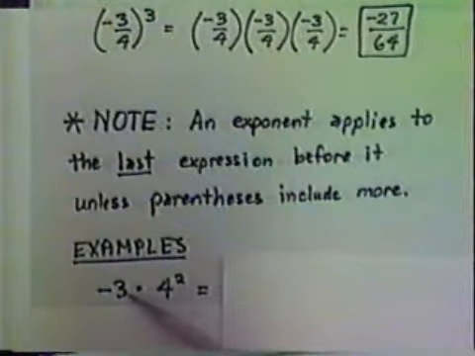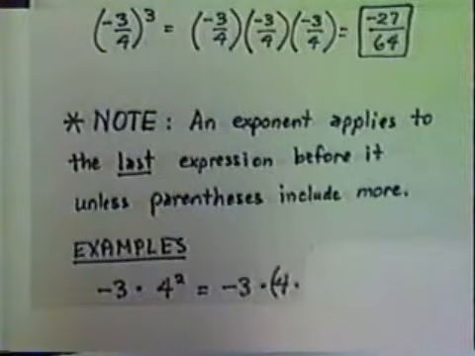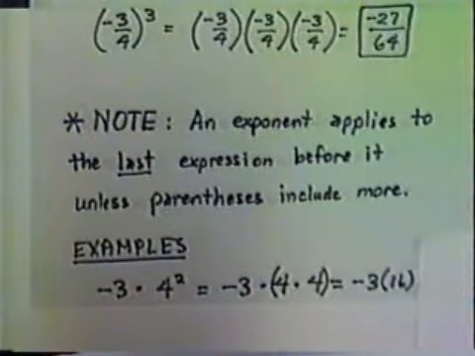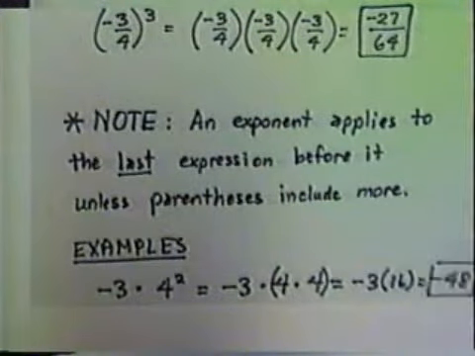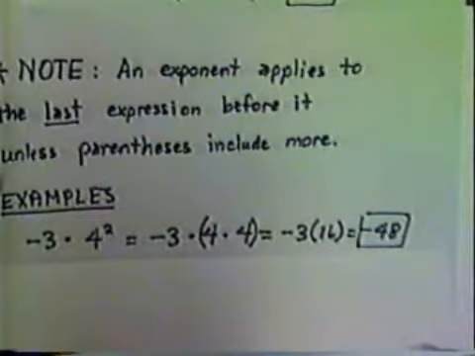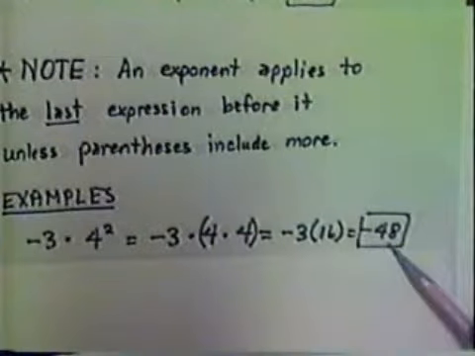That means that the negative 3 is kept as a factor, and then 4 squared means 4 times 4, which is, of course, 16, and 3 times 16 is negative 48. So negative 3 times 4 squared works out to be negative 48.